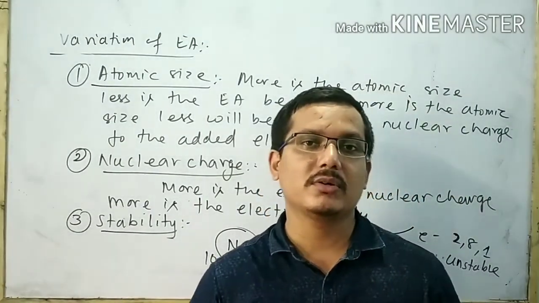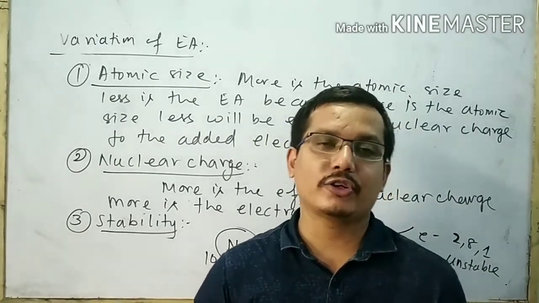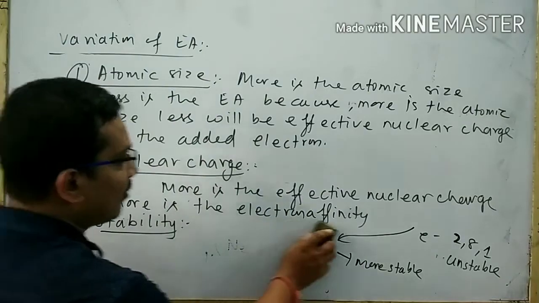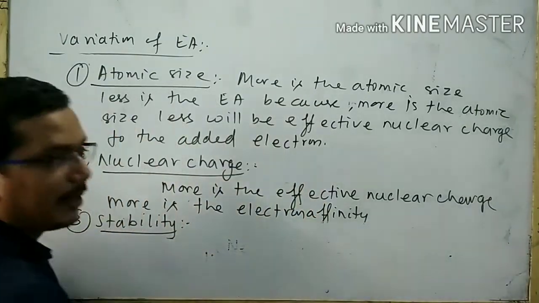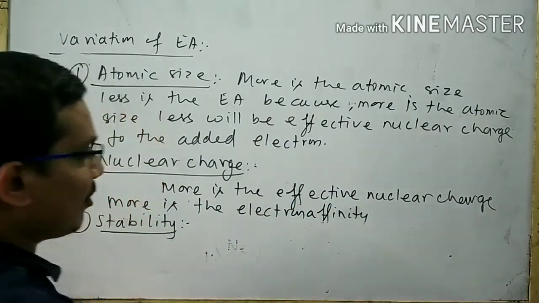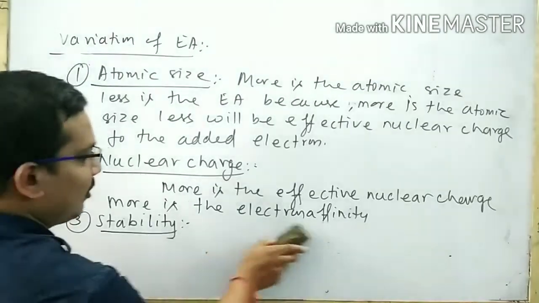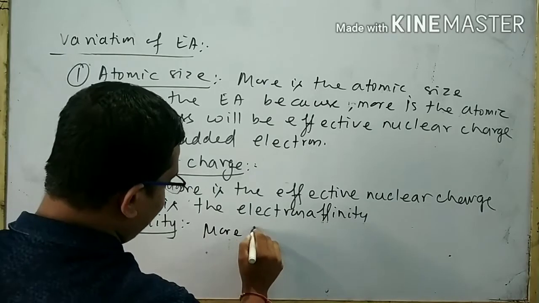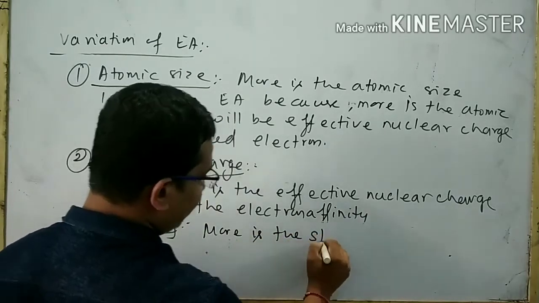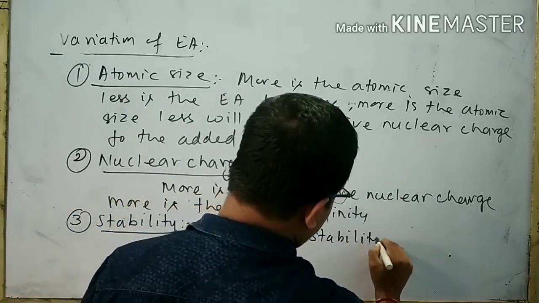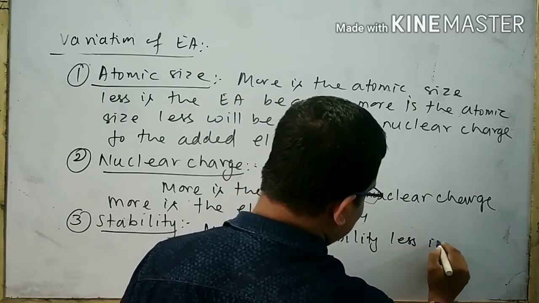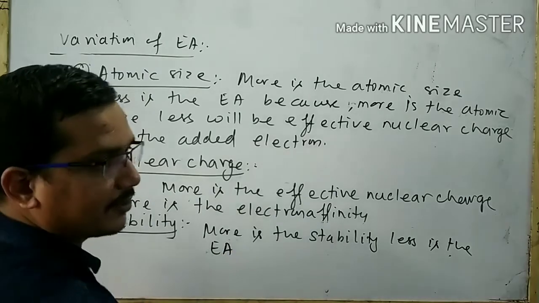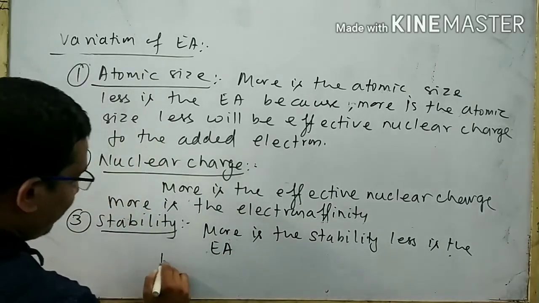So remember, if an atom is more stable, then it has less electron affinity, maybe equal to 0. So remember, more is the stability, less is the electron affinity.